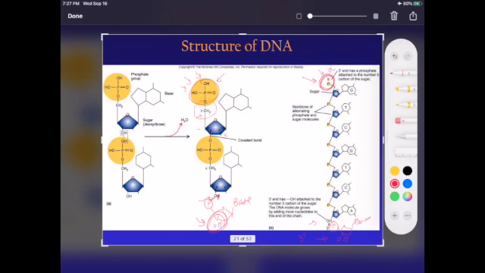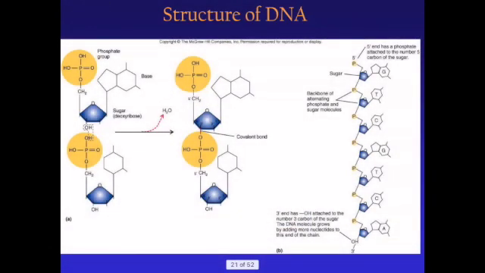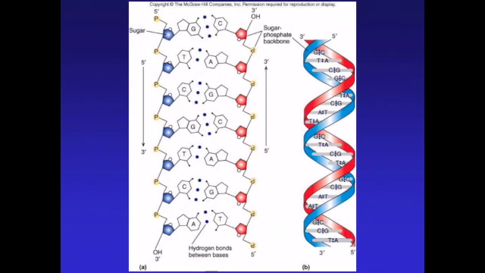The phosphate group is hanging off of the 5th carbon, so that's why it's called the 5' end. Whereas the OH end, here's carbon number 1, carbon number 2, carbon number 3. The OH group is hanging off of the 3rd carbon. So that's what we got there, and that's why it's 3 and 5, not 1 and 2. I didn't make this stuff up. I just spit it out for you.